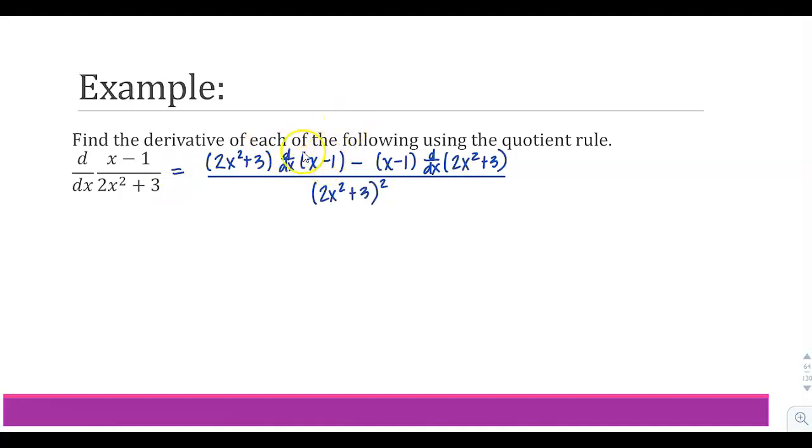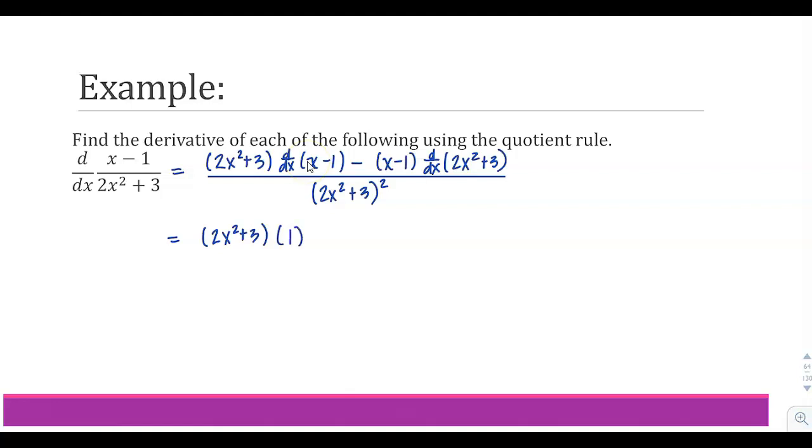So I actually haven't taken these derivatives yet, so I need to go ahead and move on with that process. And again, the goal would be to just go straight to this answer that we're about to write down right now. You don't have to do this first step. So I'm going to write 2x squared plus 3. And now the derivative of x minus 1 is just 1.